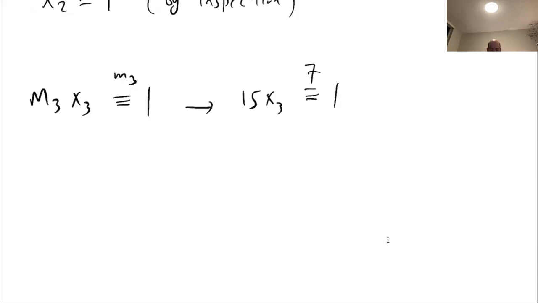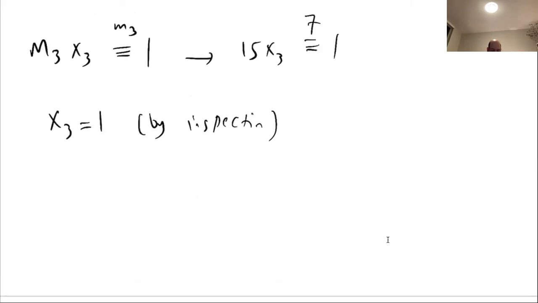So 15, again, see, X3 equals 1 is a solution. Why? Because 15 times 1 is 15, and 15 is 1 mod 7, right? Because 15 minus 1 is 14, which is divisible by 7.